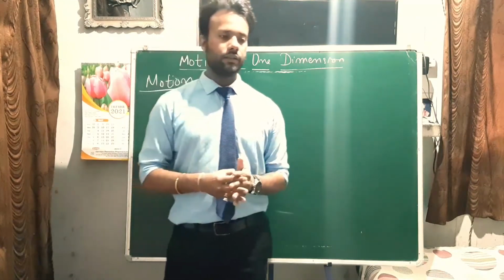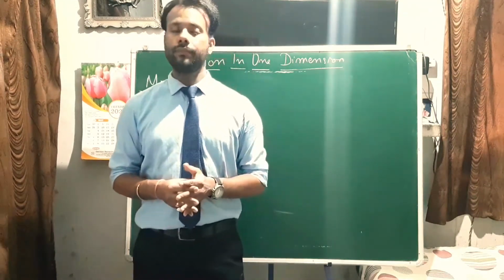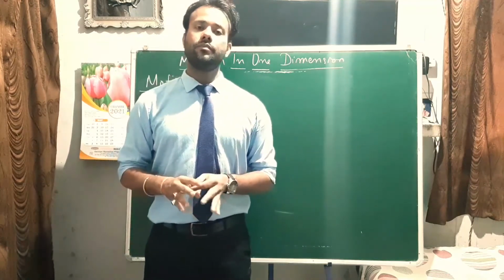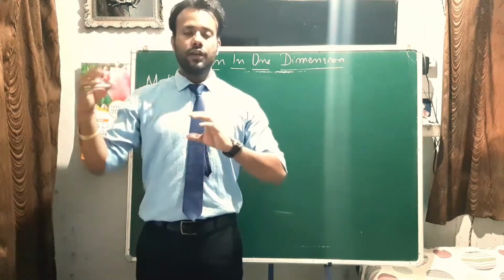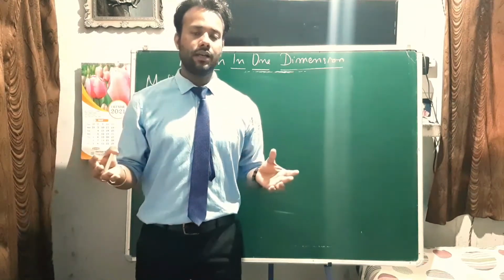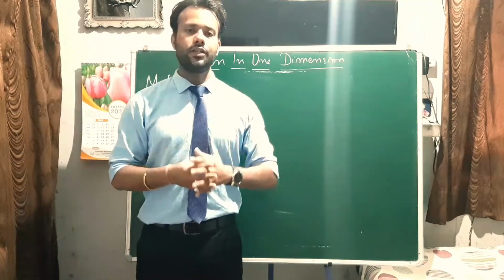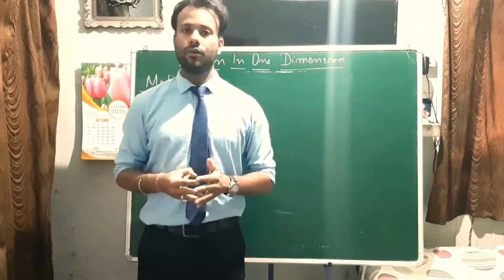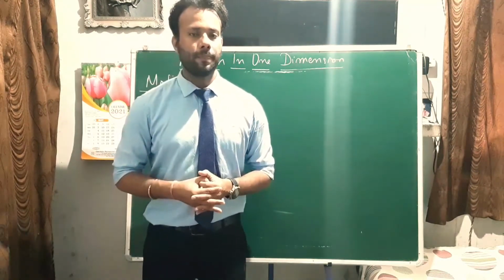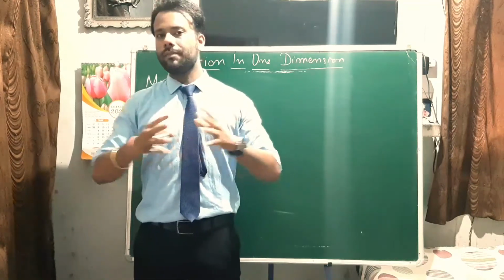As you know that our nearest galaxy, Andromeda, after some billion years, the Andromeda and our Milky Way galaxy, they will collide with each other. So that means our galaxies are also not stationary. The whole universe is expanding.